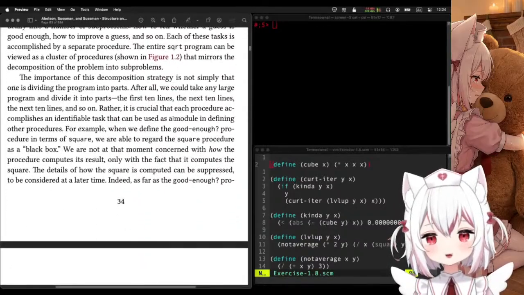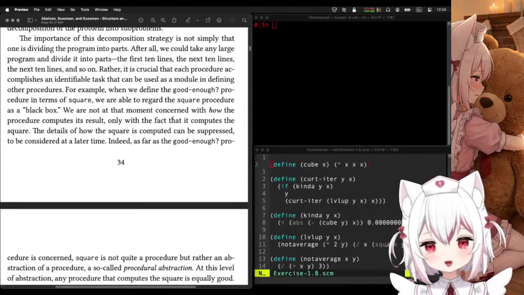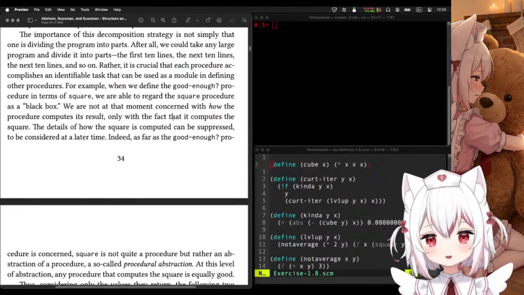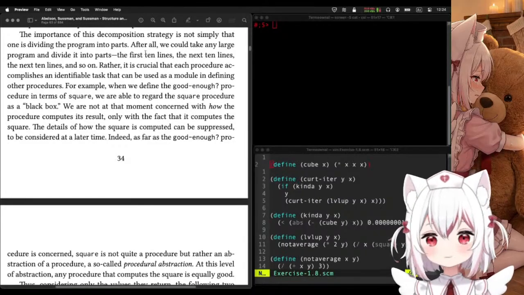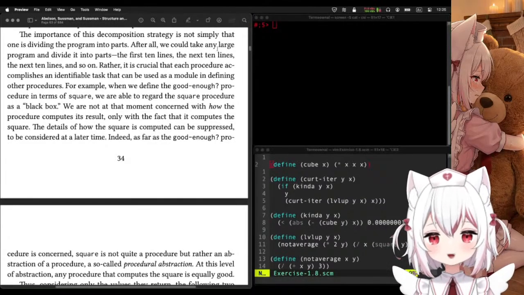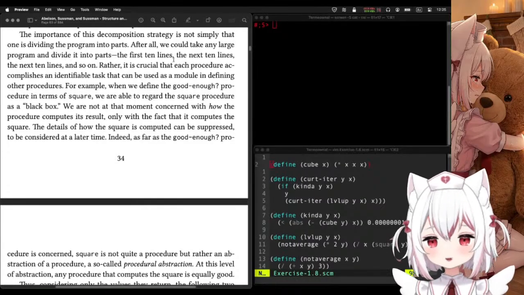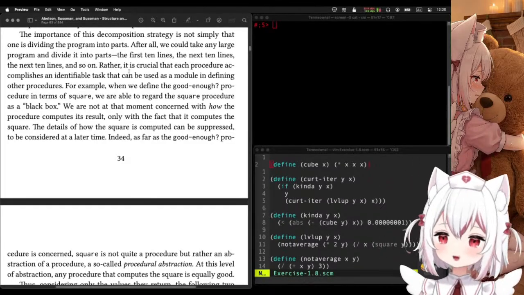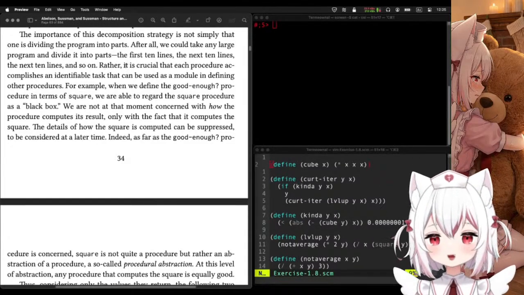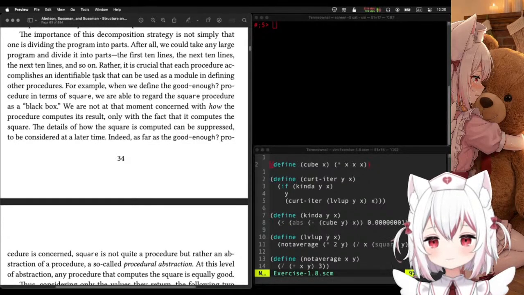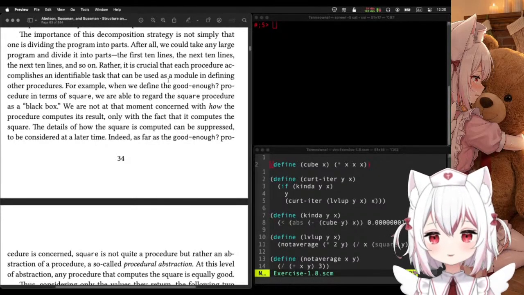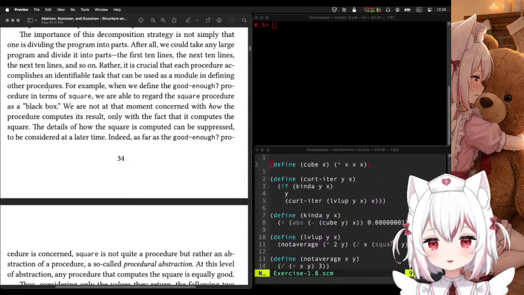The importance of this decomposition strategy is not simply that one is dividing the program into parts. After all, we could take any large program and divide it into parts, the first 10 lines, the next 10 lines, the next 10 lines, and so on. Rather, it is crucial that each procedure accomplishes an identifiable task that can be used as a module in defining other procedures.